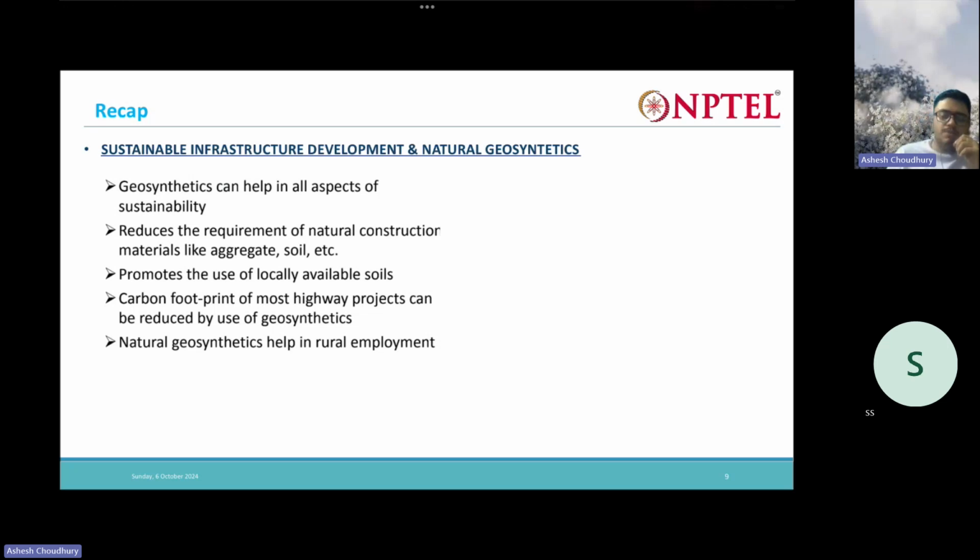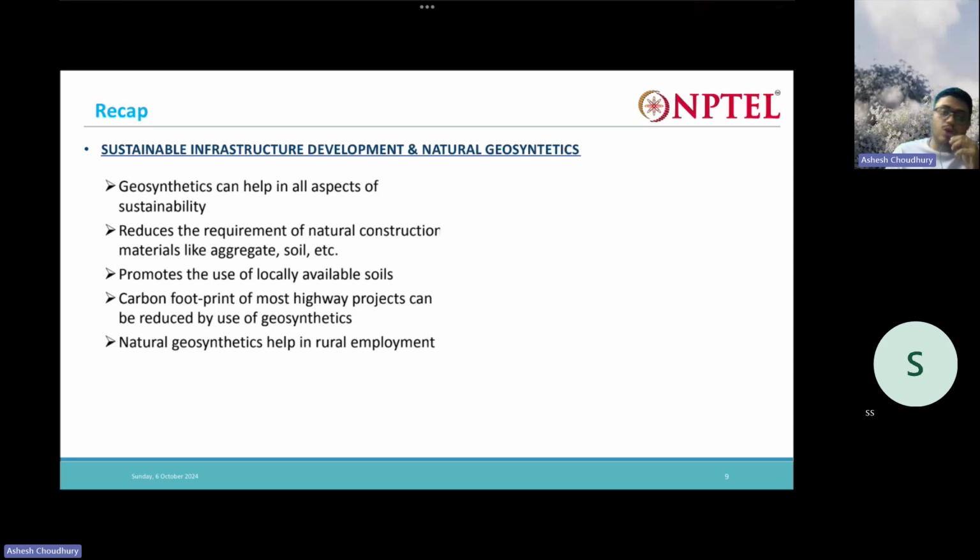So geosynthetics are very helpful for sustainable infrastructure development, and the impact grows by many fold if we use natural geosynthetics. As I said, if we use normal geosynthetics, they help in one way: they are sustainable, they are reducing the aggregate requirement and the carbon footprint.